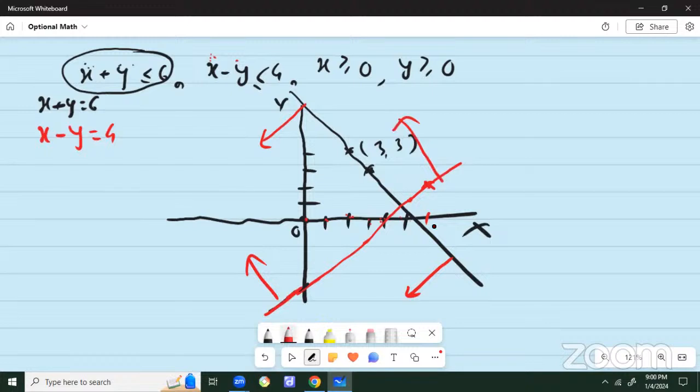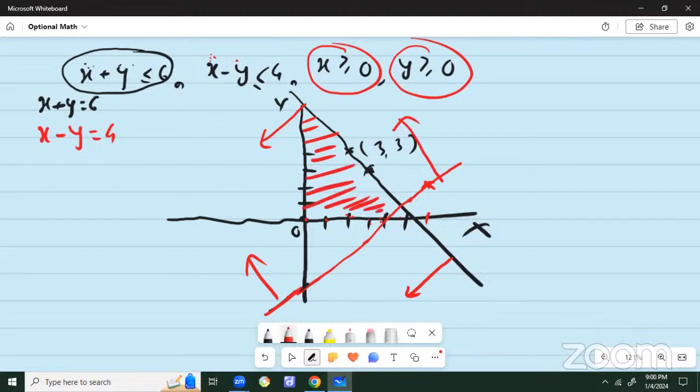And we have to take the solution region only in the first quadrant because we have been given these two constraints. So which one do you think is the solution region? Is this the solution region? Common part.